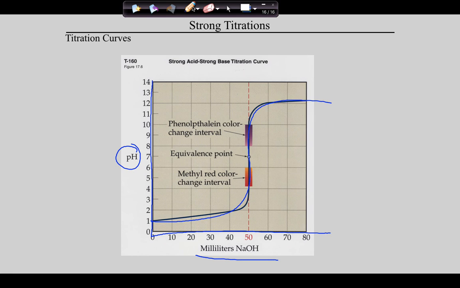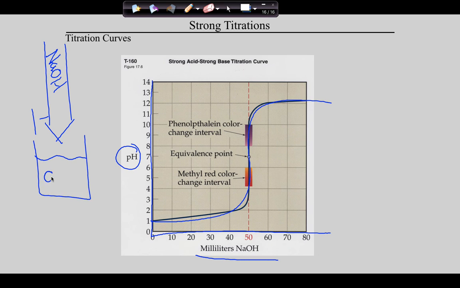Or are we okay? Okay, so guys, as we're looking at this curve, these are the things that we need to be able to think through. First of all, the idea here is that our sodium hydroxide is our titrant, and then our acid is the thing that we are titrating. Now guys, what about this curve tells us that that's true?